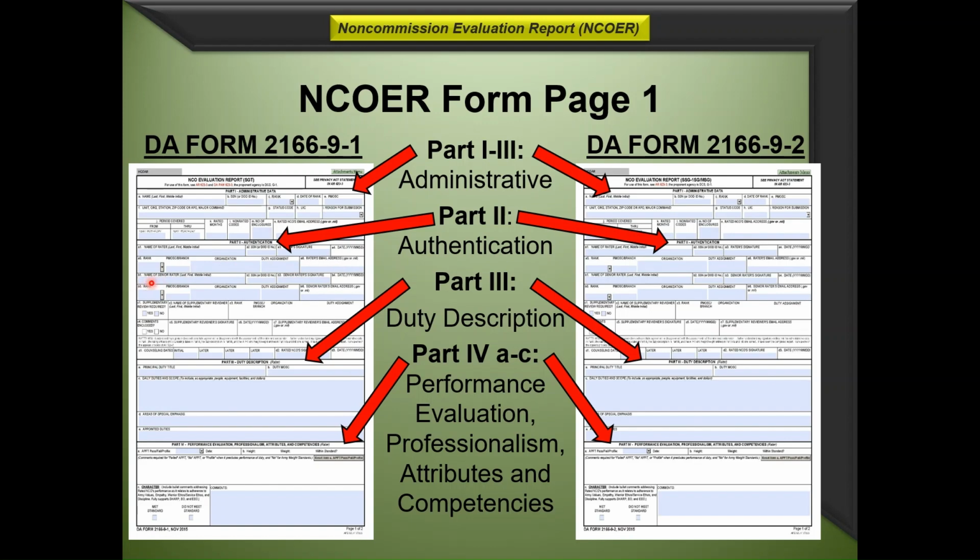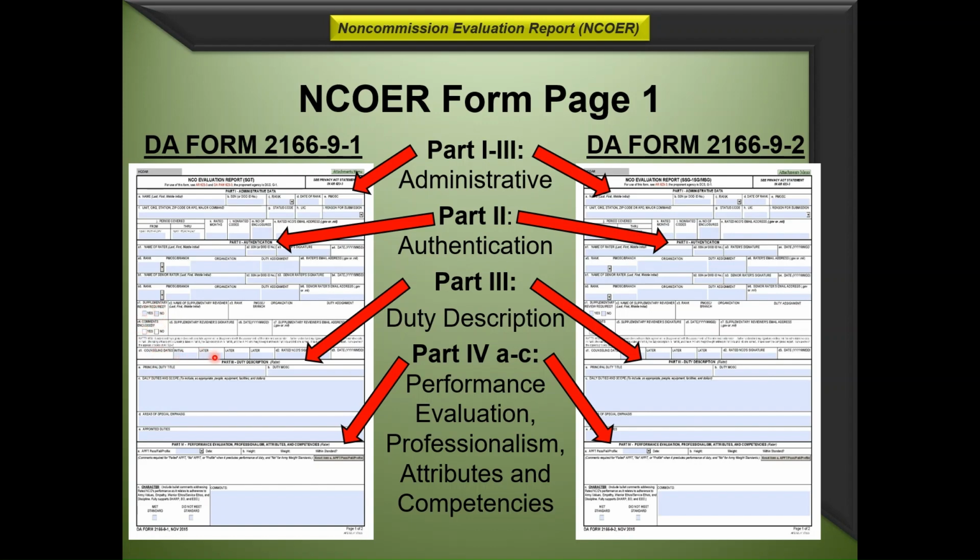Okay. Then you have your senior rater, same type of information. And then down here, you would have the supplementary reviewer if it's required. So again, if the rater or senior rater is not a captain or above, then it is required that there is a supplementary reviewer. Okay.